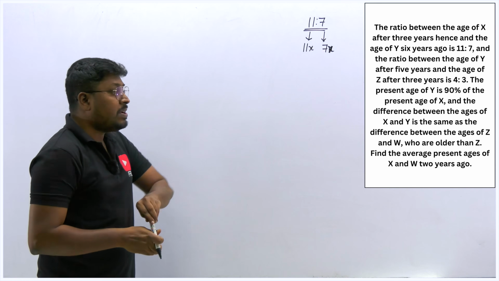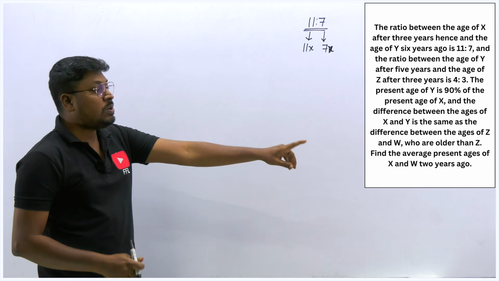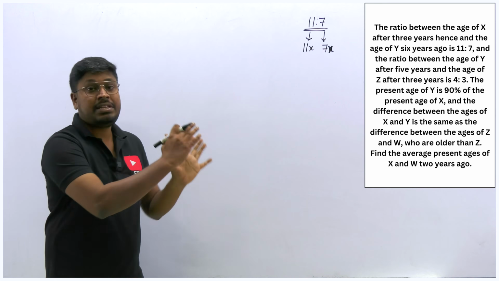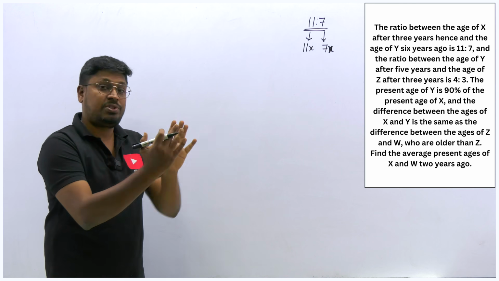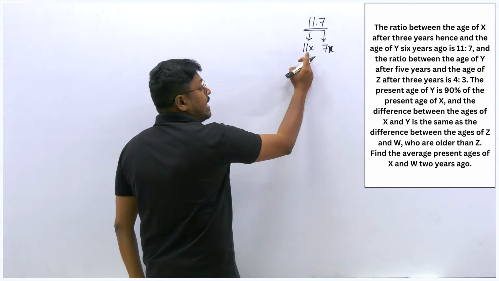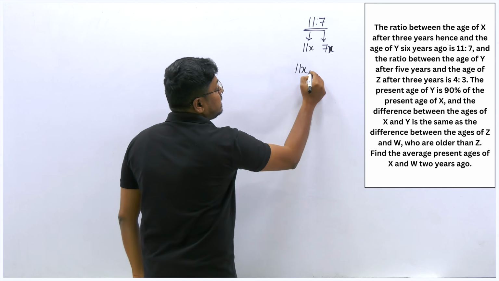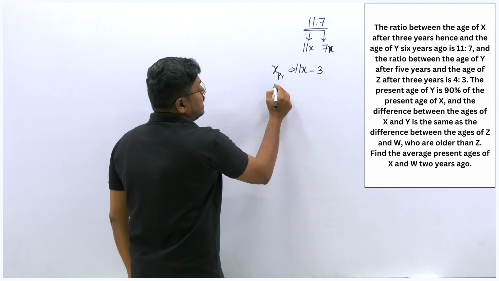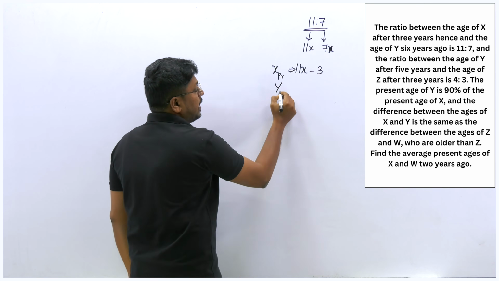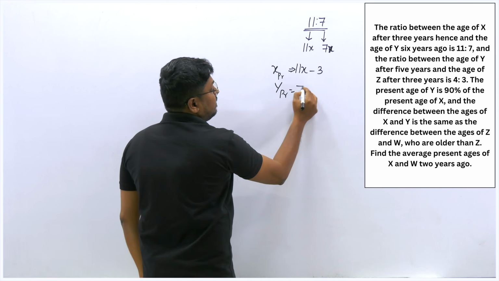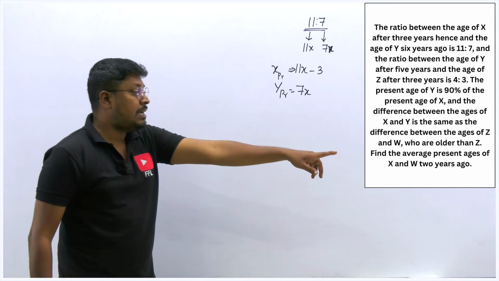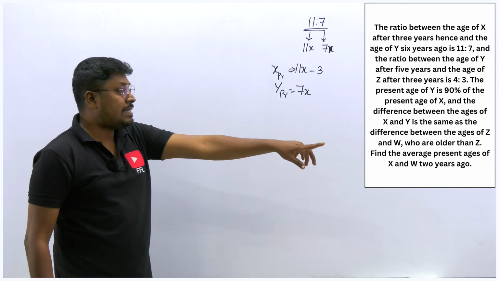So now, according to the question, the ratio between the age of X after 3 years, that means they have given the future. Let's bring X's age to the present. When you bring X's age to the present, that is 11x minus 3. So this will be X's present age. Similarly, the second person is Y. Y's present age is 7x, and what they are talking about in this ratio is 6 years ago.